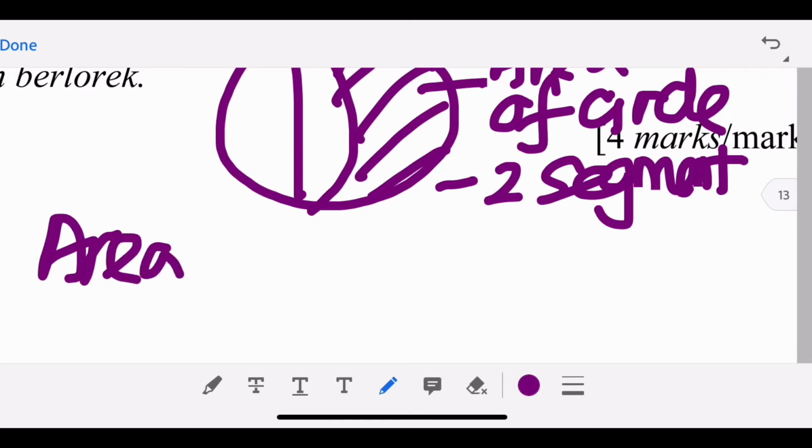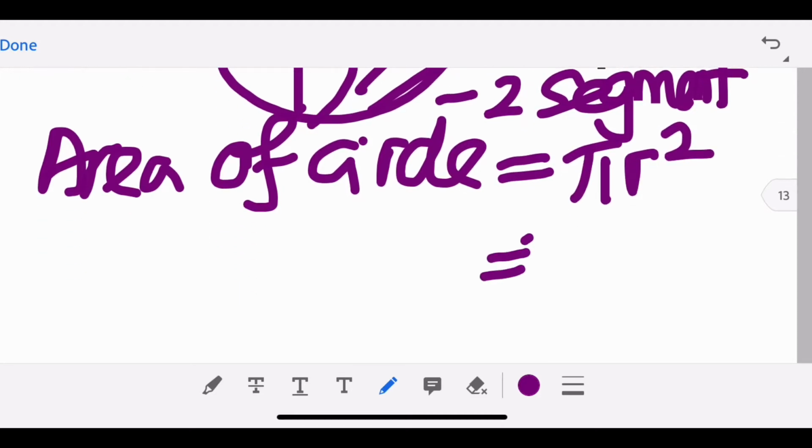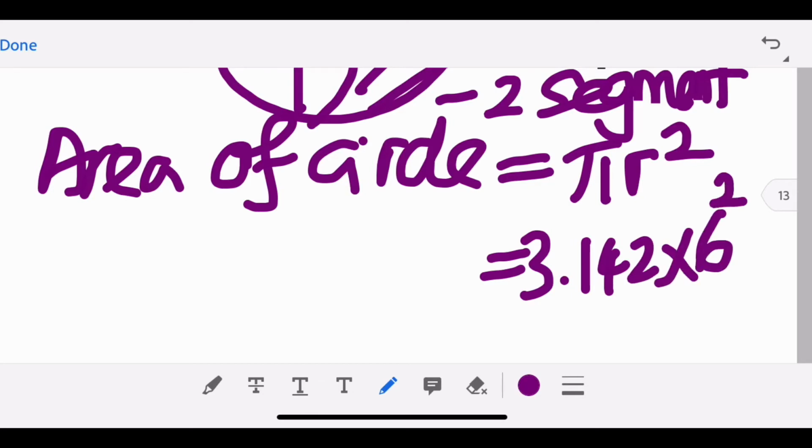So the area of the circle, you should know, right? It's pi r squared. The pi we should use is the pi given by the question, 3.142, times 6 squared. So you will get the answer for one circle first. Press your calculator.